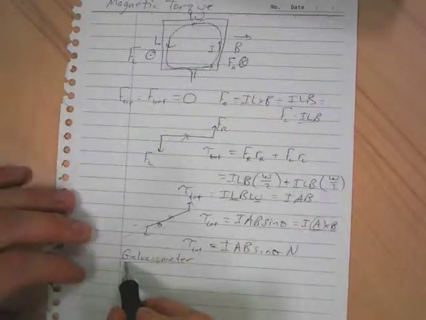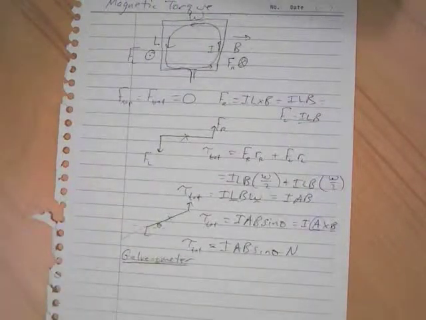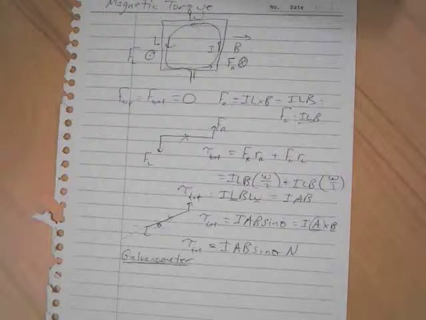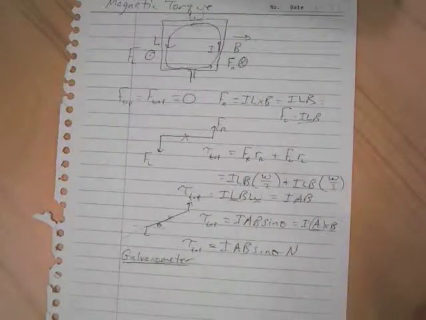And if you have more windings in the coil, there's more torque produced, and so you can measure currents to greater accuracy.